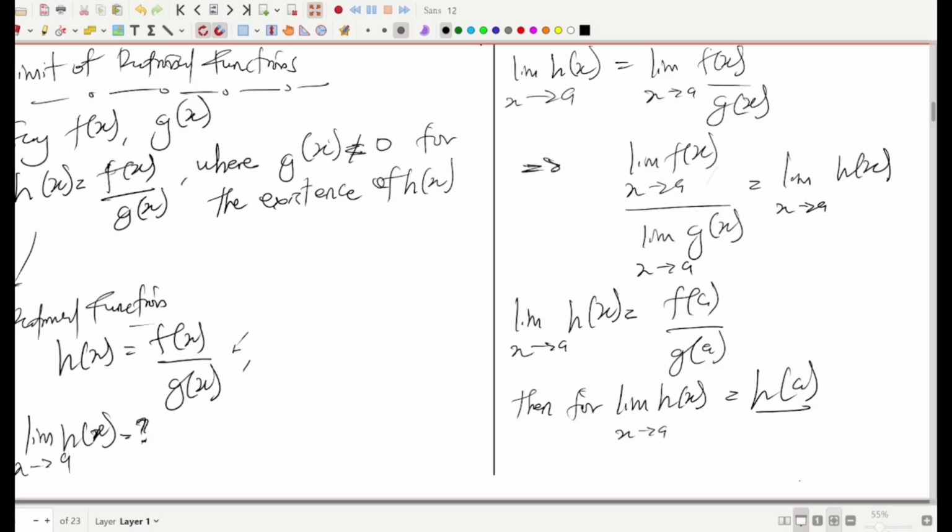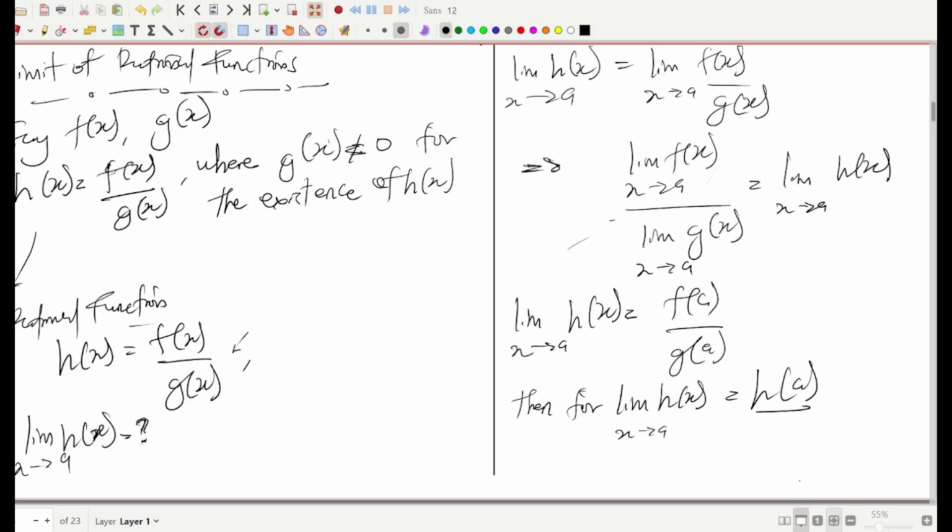Now to find the limit as x approaches a, what do we do? We can apply the limit rule, the quotient rule. So we find the limit of the numerator separately, divided by the limit of the denominator separately. Now, what do we do then? We can substitute in the value we are approaching, which is a. So the limit of f of x will be f of a divided by g of a.